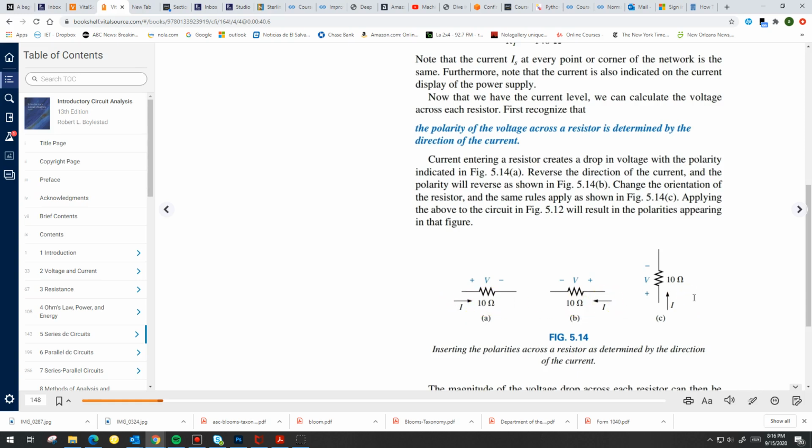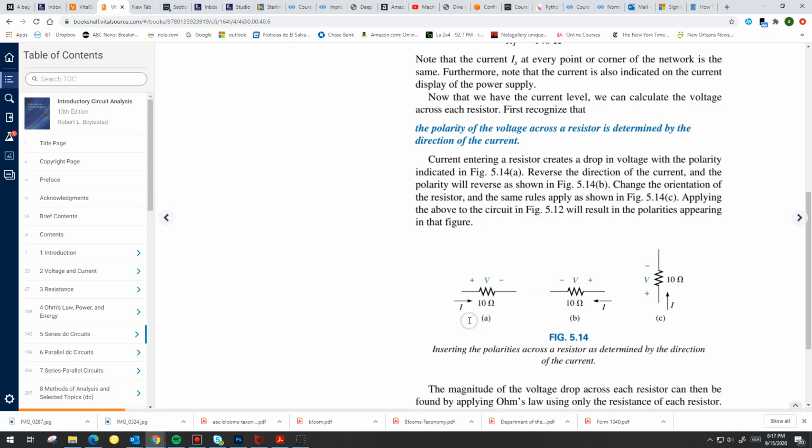The other way of looking at this, which is also important, is that if I know the direction of the current, I should know the polarity of the voltage, and they should both check. If I know that the current is going in this direction, from left to right in figure A, then I automatically know that the polarity at the left is positive and at the right is negative.